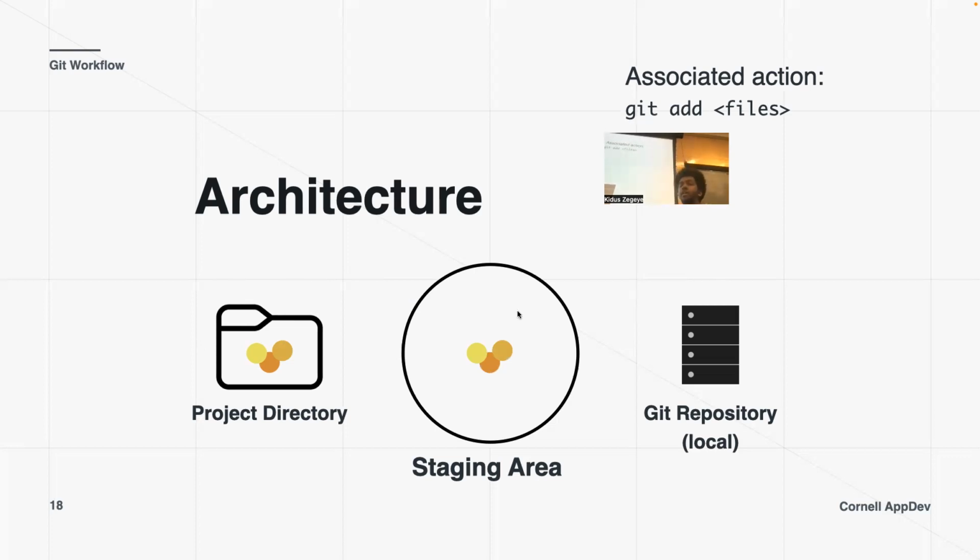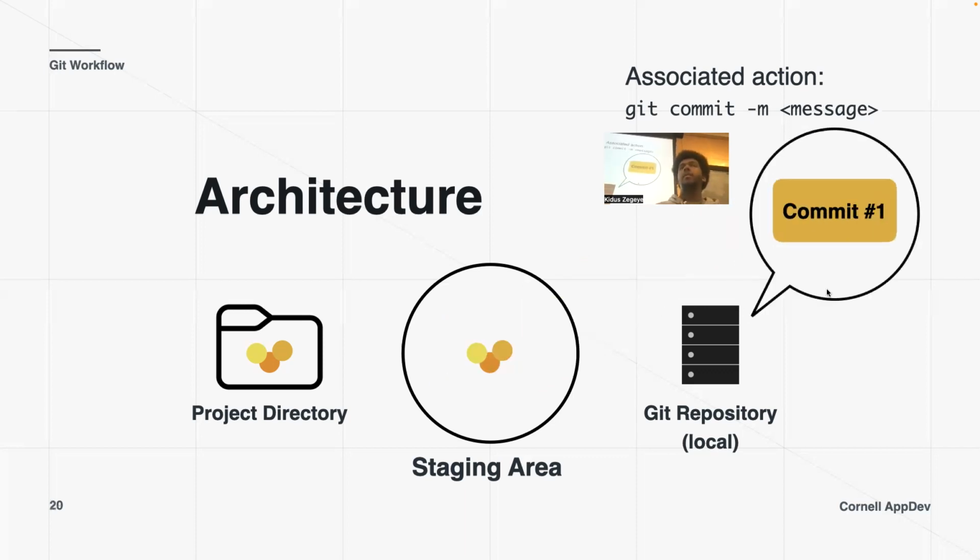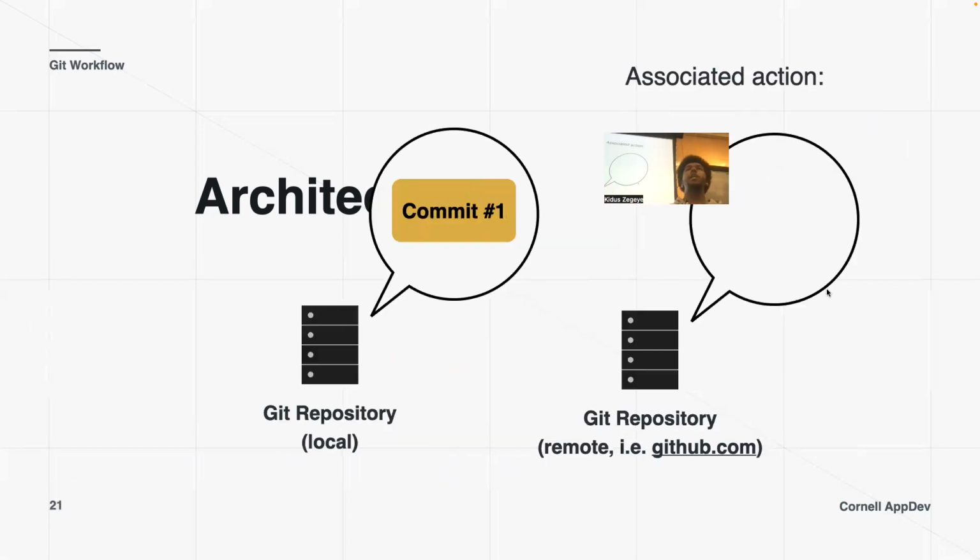Once in the staging area, you can put it into your repository by saying git commit -m and then typing in your message, like implemented get all tasks. Once you've committed it, it should be in your local repository. But if you want to put it onto GitHub or some other remote repository, you have to say git push, and it'll put your commits into your remote repository.